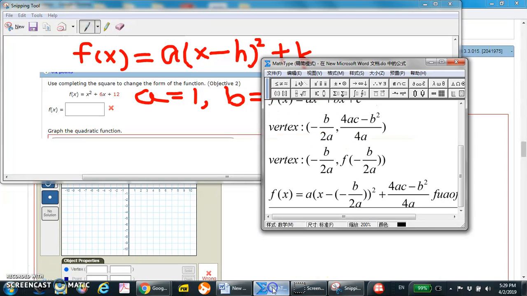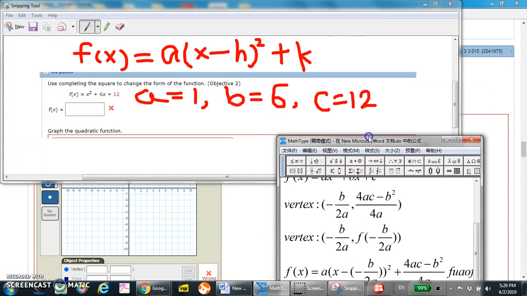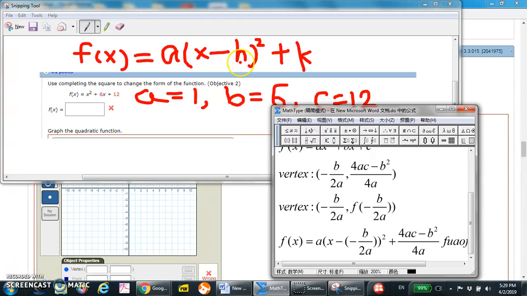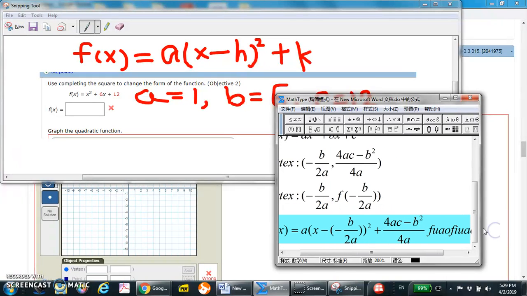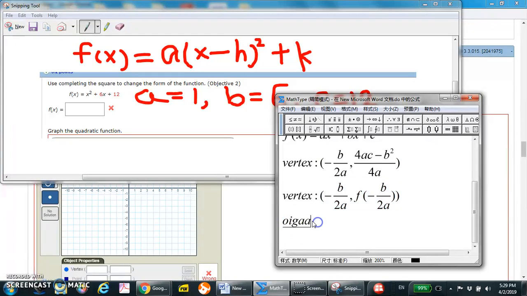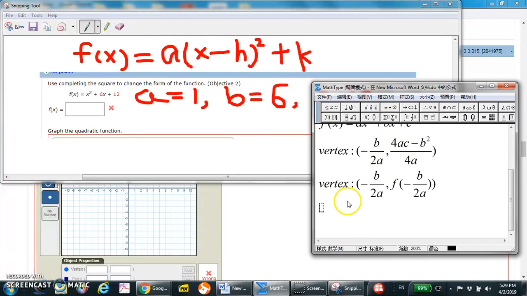And then if we use one of these two formulas, we will be able to determine the h and the k, because the x coordinate is going to be the h and the y coordinate is going to be the k. So let's say I want to use the first formula.